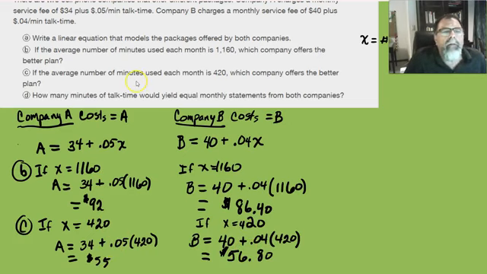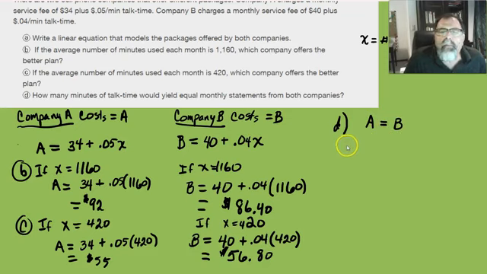On to D. How many minutes of talk time will yield equal payments from both? So what we want to know is, when is the cost of A going to be equal to the cost of B?